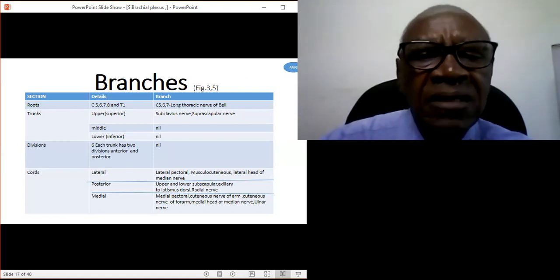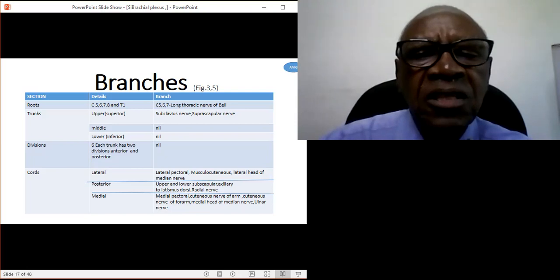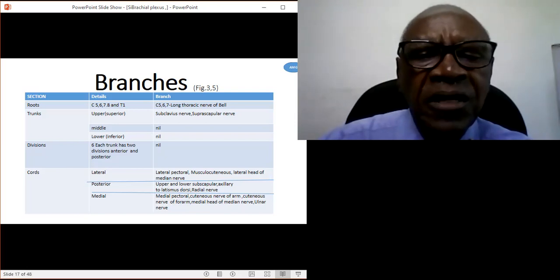From the trunks, the upper trunk is the one which has branches, and it gives the subclavius nerve and the suprascapular nerve. The middle trunk and the lower trunk don't have branches. As mentioned earlier, the divisions do not have branches.